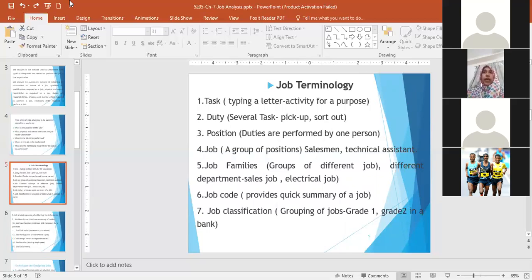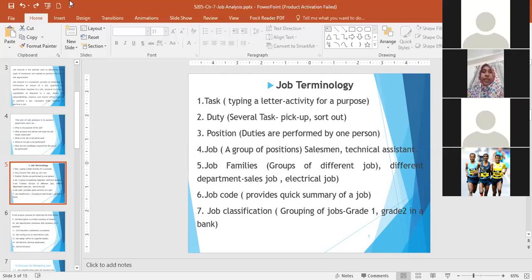Two, duty: several tasks, like picking up and sorting out the many applications you will receive.